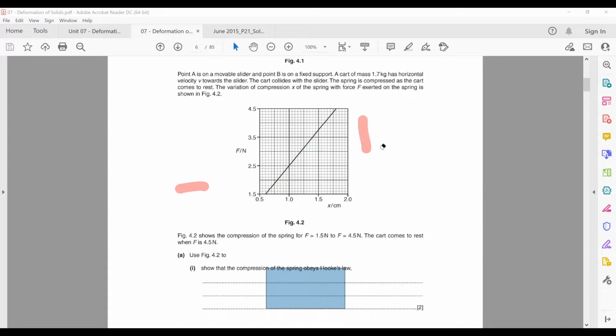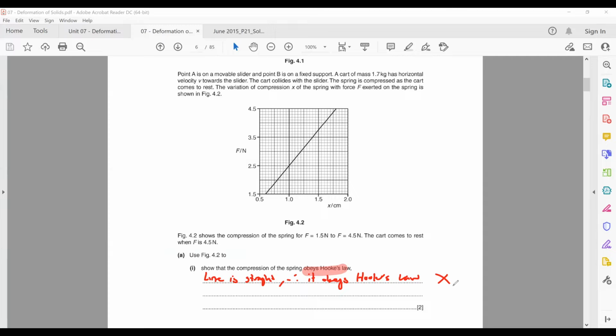Now, they want you to prove that the spring obeys Hooke's law. If you just said that the line is straight, therefore it obeys Hooke's law, this one is wrong.